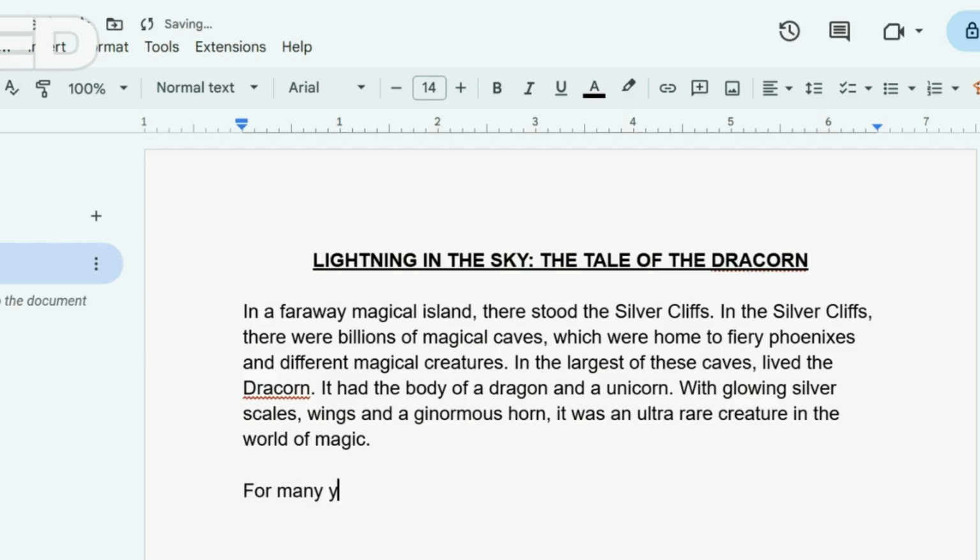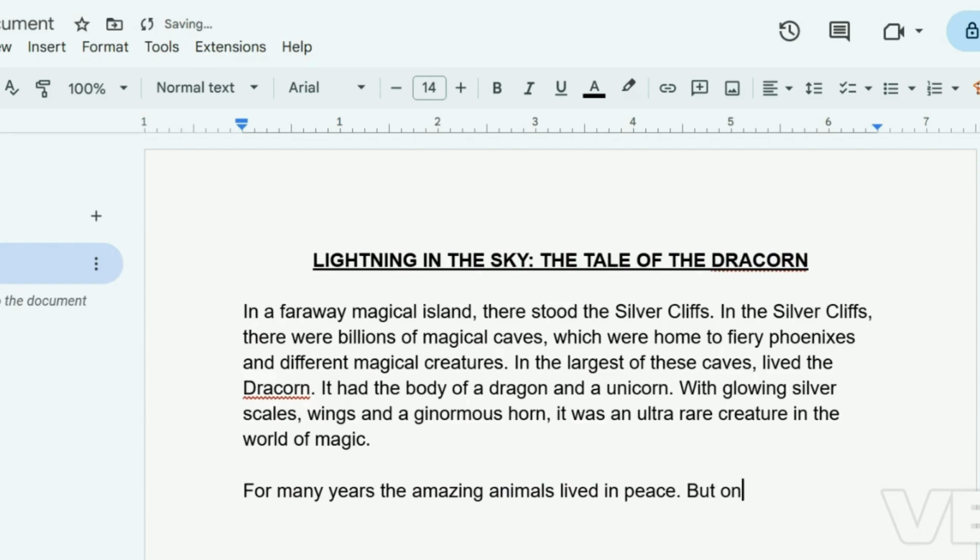For many years, the amazing animals lived in peace. But one day... This builds up suspense with this ellipsis. Ellipses build suspense, telling that there's something to be continued and doesn't give the information straight away but makes the reader curious.